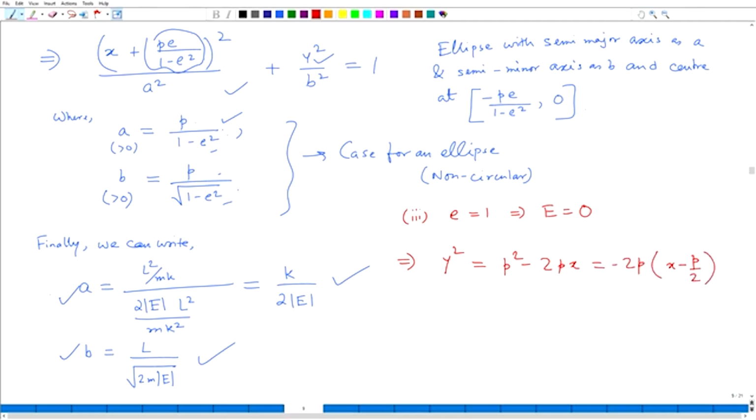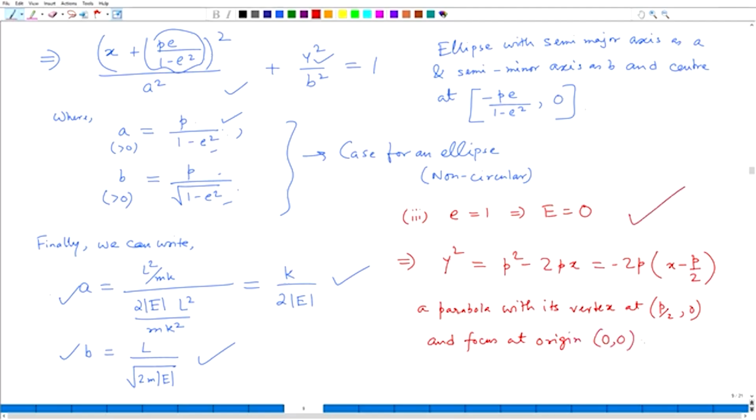And if you have this, then this is once again a parabola with its vertex at p by 2, 0 and focus at origin 0, 0.